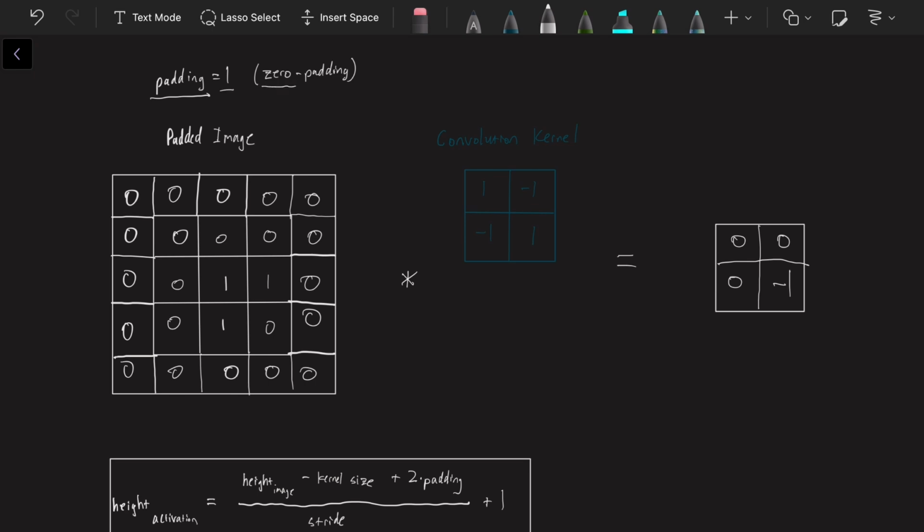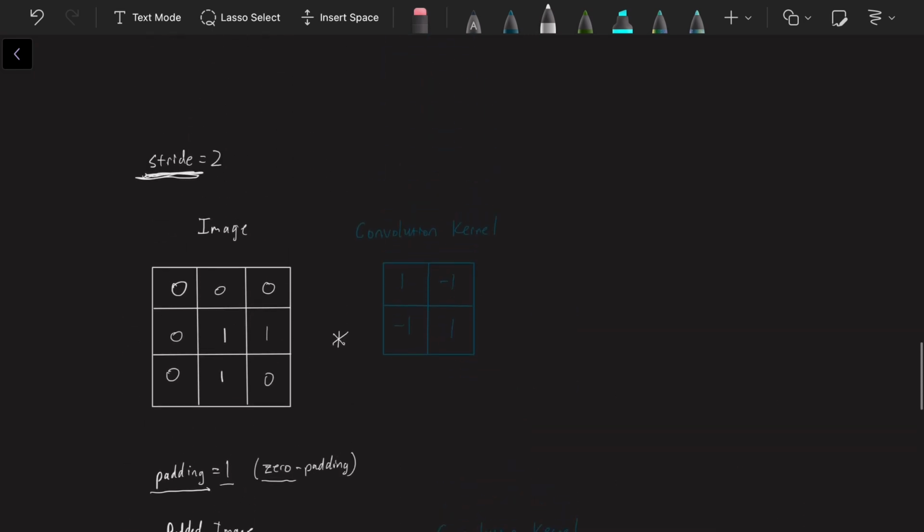Okay? So we're going to be adding 1 layer of 0 padding all around our image. So you can see these values here, all around our original image, which was this 3x3 image here.